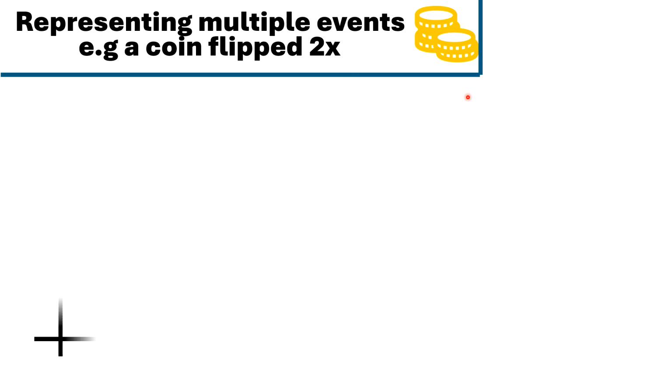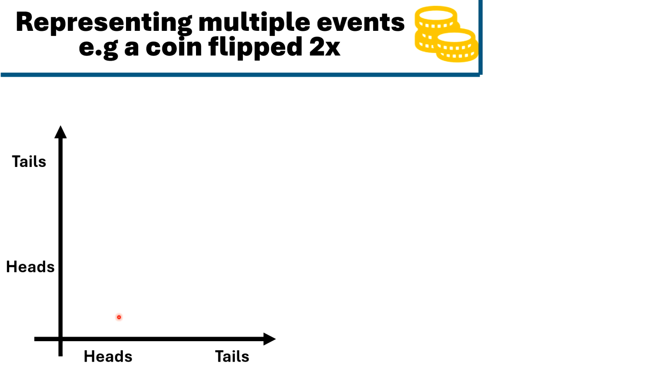We know that when we toss a coin, there's 2 possible outcomes, heads or tails. If we're throwing it twice, we can make a graph representing the 2 scenarios. First, you can get heads and heads continuously: throw it once, it's heads, throw it another time, it's heads again.